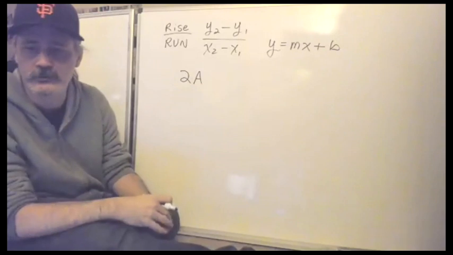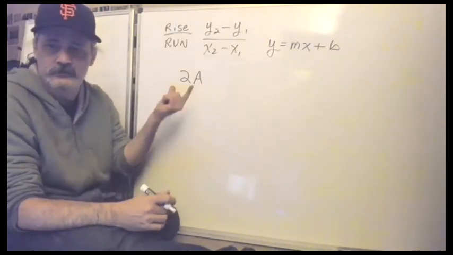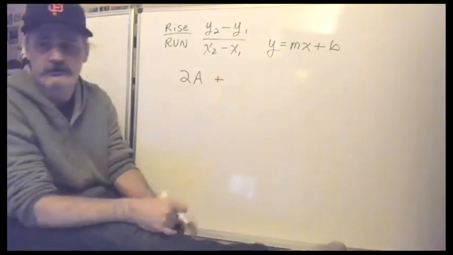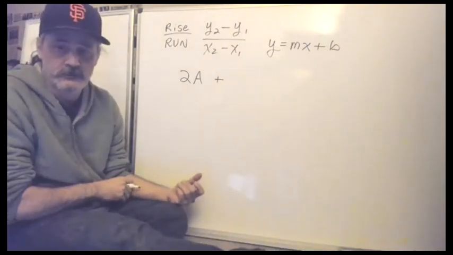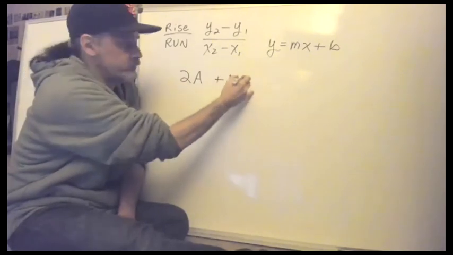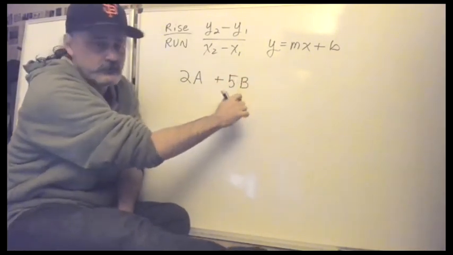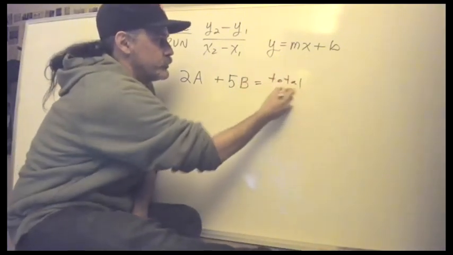I'm using the variable A to represent how many A tickets got sold. The money we raised from the A tickets, we're going to add to the money we raised from the B tickets. The B tickets are $5 each, so 5 times the number of B tickets, which I'll use the variable B to represent. So this is the expression that equals the total money.